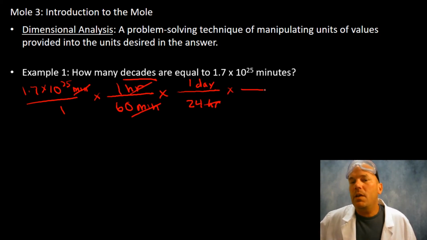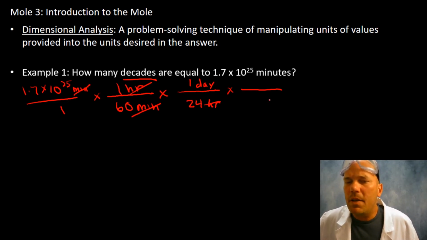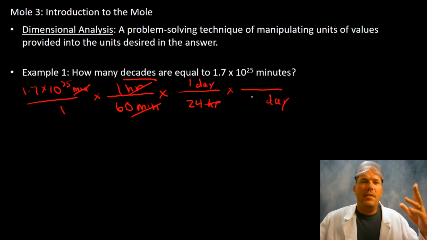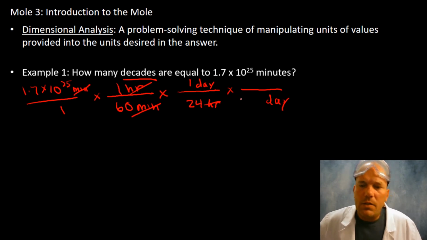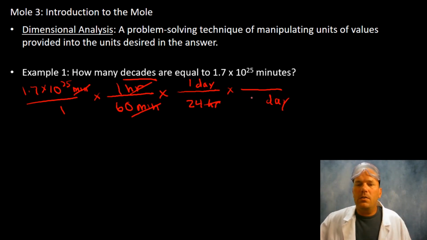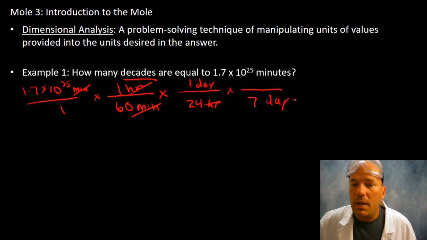Then we can say, I need to cancel days. So I have days in the numerator. I need to make sure day is down in the denominator. And so you can say, well, there's 7 days in 1 week. You see where this is going?